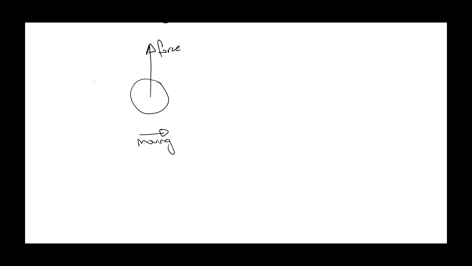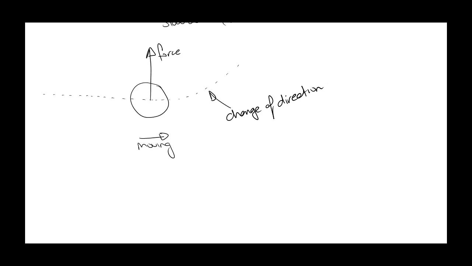So this ball would have been moving in a straight line, and now it experiences this force, and what that will actually do in this case is cause a change of direction. It may or may not cause the object to speed up or slow down, but it will definitely cause it to change its direction.